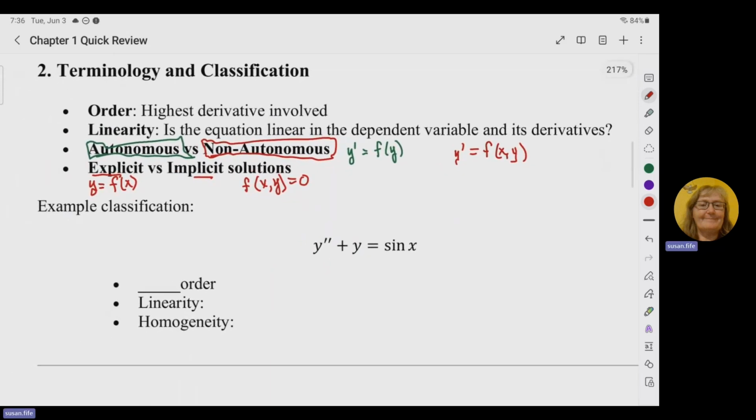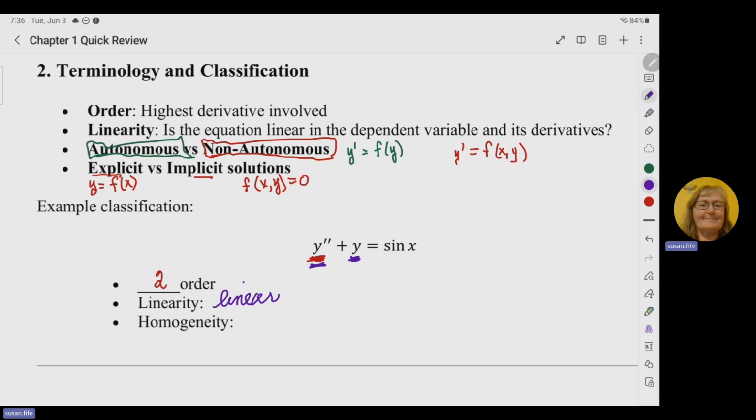So here's an example. We're given the second derivative of y plus y is equal to sine of x. Notice that the order is 2. It's second order because you have a second derivative. The linearity, this is linear because y double prime is linear and y is linear.